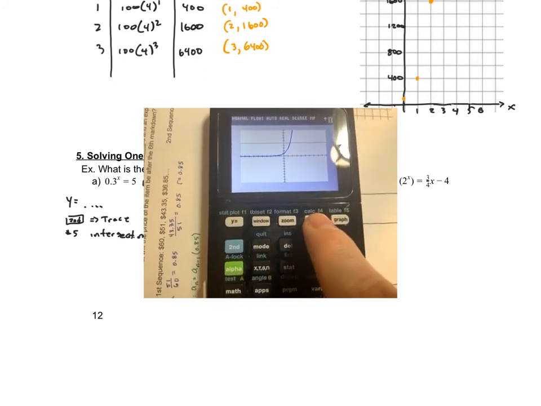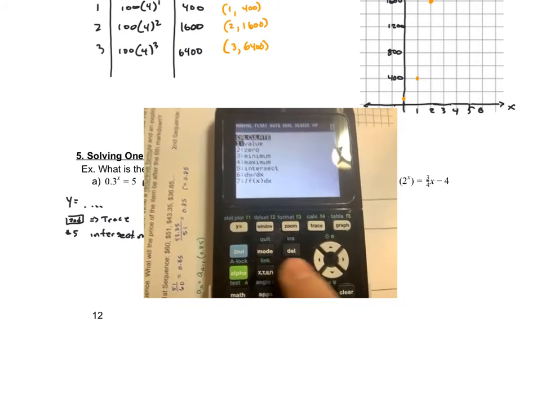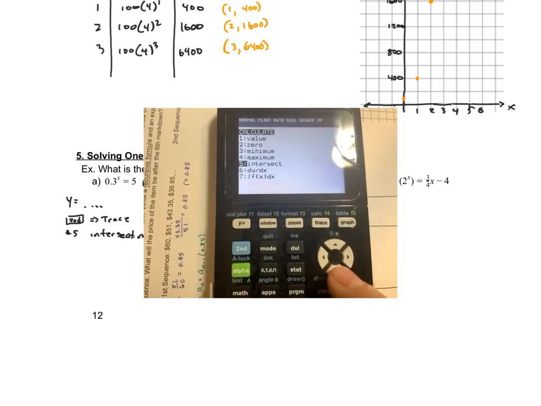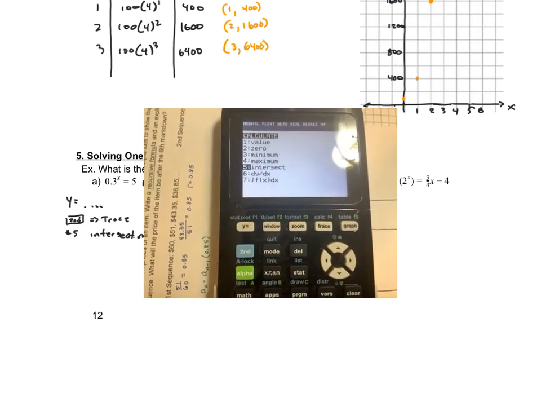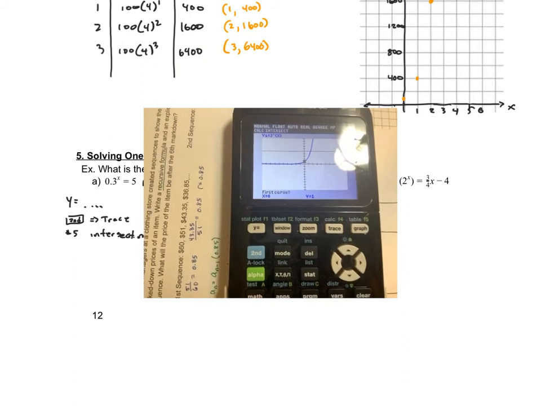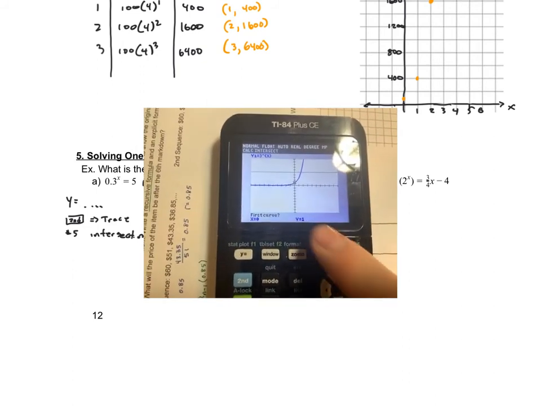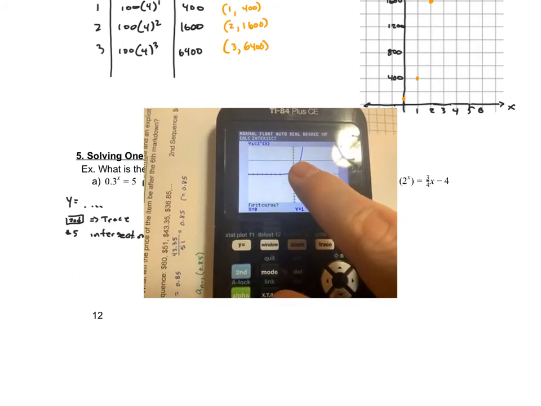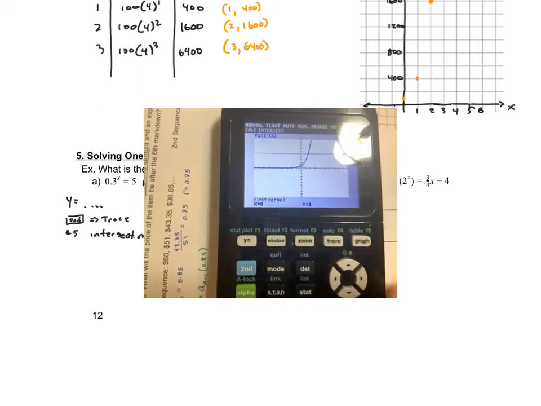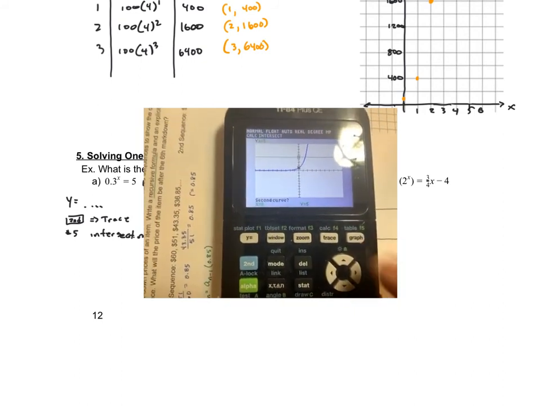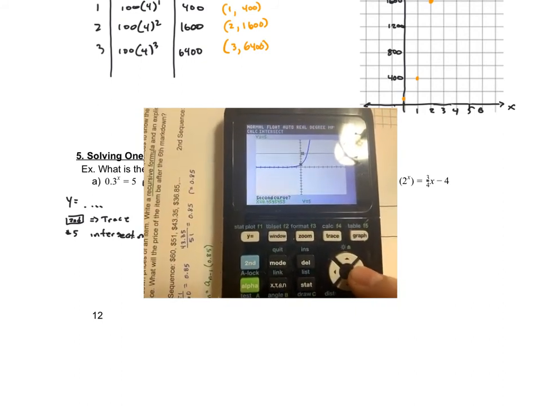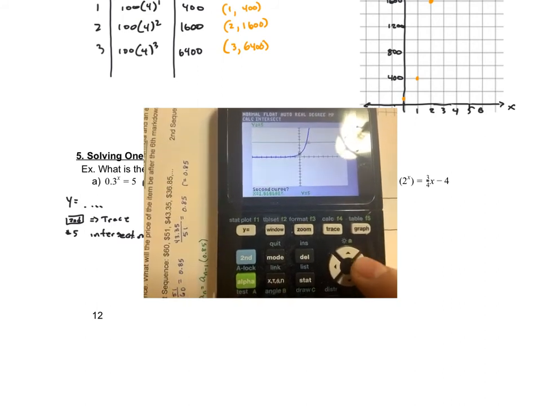So we can second calculate, and right here it says intersect for the intersection point. When we select that, it says first curve, which is the curve before the intersection point. So I can just hit enter. And then I'm going to move to the second curve, which will be past it.